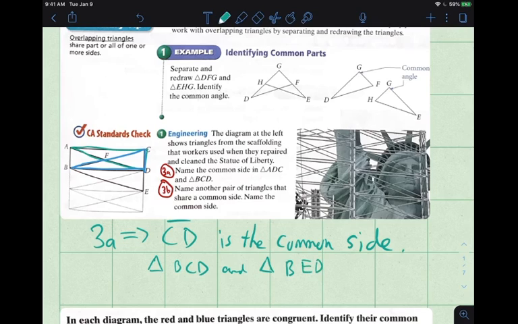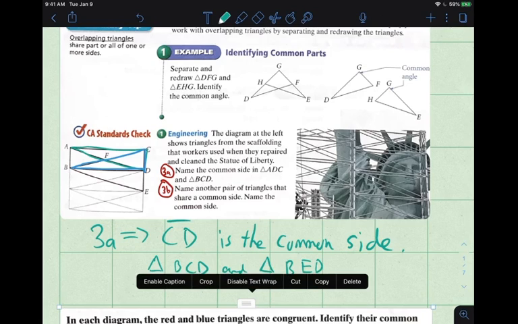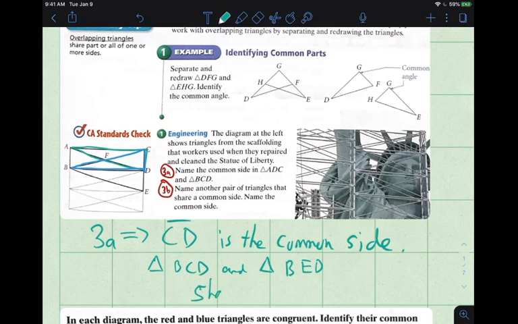BED shares segment BD. So I was looking over these two triangles that kind of make the isosceles triangle here. There are many right answers for this one, and so I'll have to check over your classwork. This is one of many. This is for 3B. One of many answers.